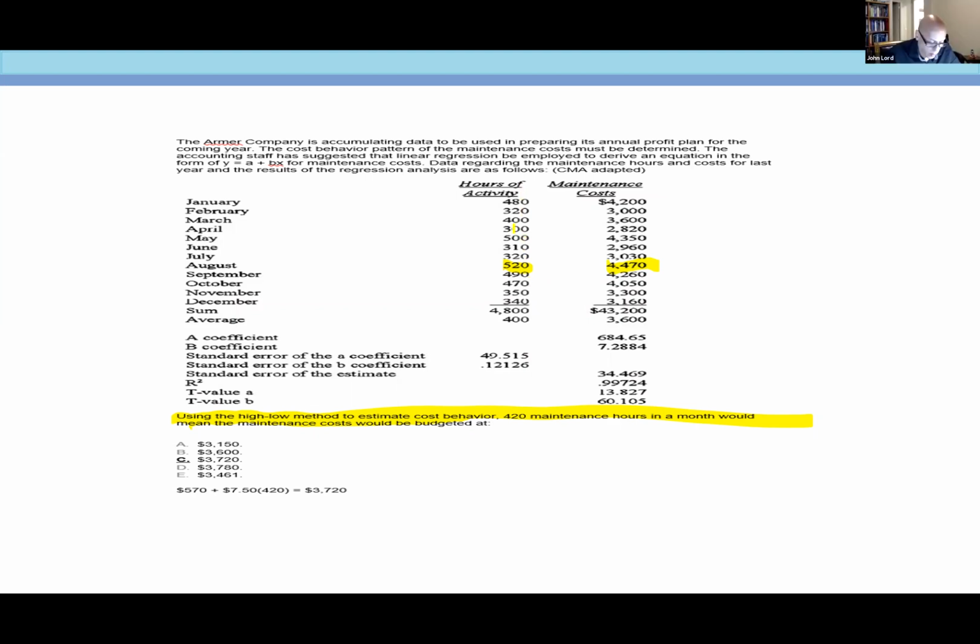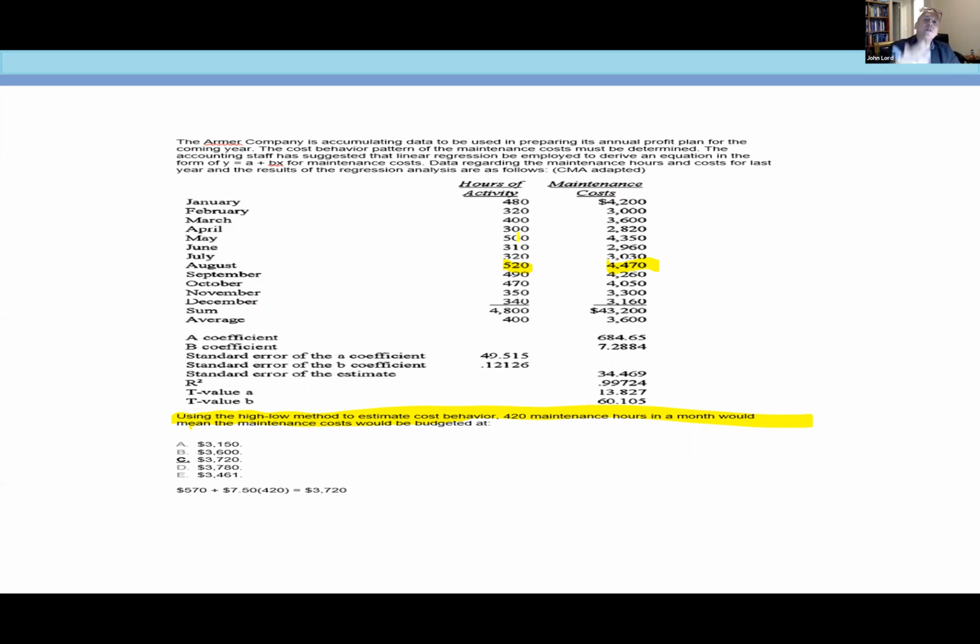Okay. I need to look at the activity hours. When you're looking for high or low, look to the level of activity. It is possible that you could have a lower level of activity with a higher cost. All that's telling you, before you panic, is that these costs are not moving linearly like we thought. It's okay.